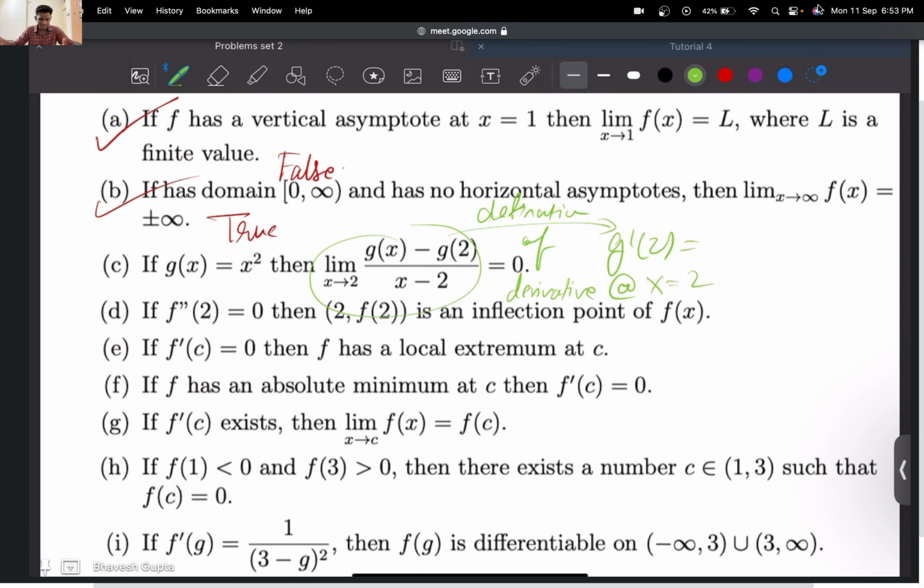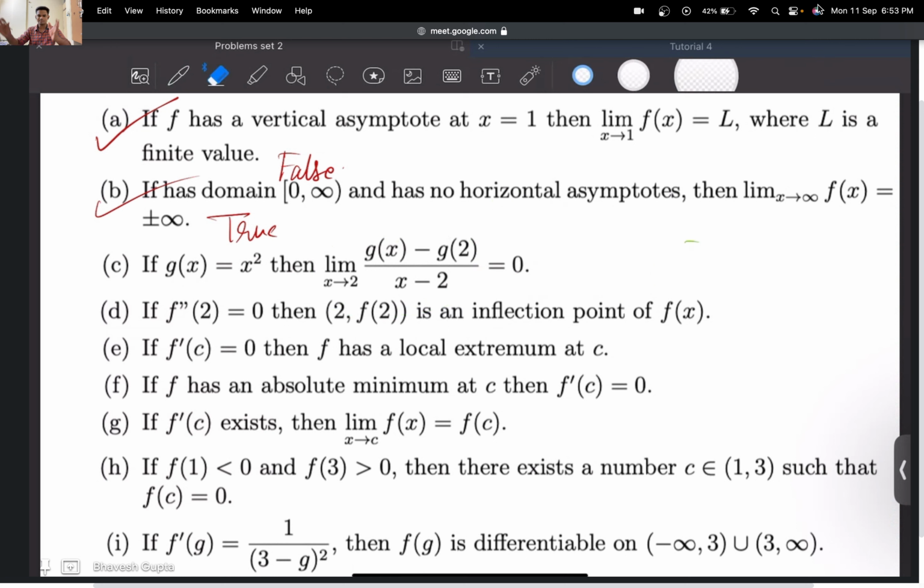So you can expect that that is not equal to 0, because we know the derivative at x equal to 2 is not 0. The derivative actually increases as you increase your x. You can see that from the graph as well. So this is false. That's not true.